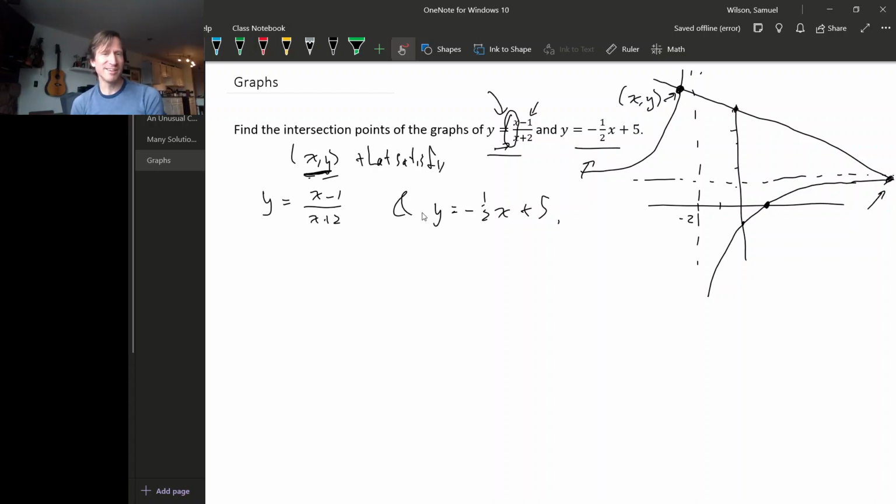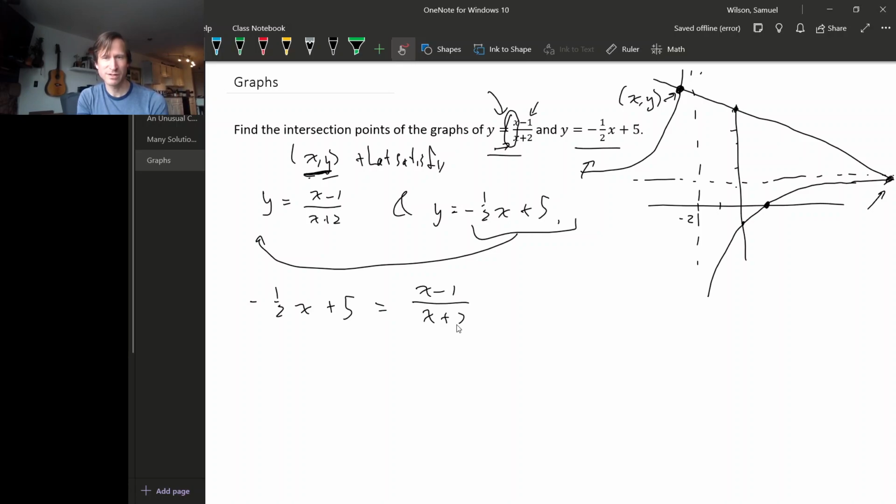So with that in mind, let's solve the system of equations. Probably what seems nicest is, since the second equation, the line, is already solved for y, we can just take our expression for y and plug it into the first equation. So minus 1/2 x plus 5 equals x minus 1 over x plus 2.